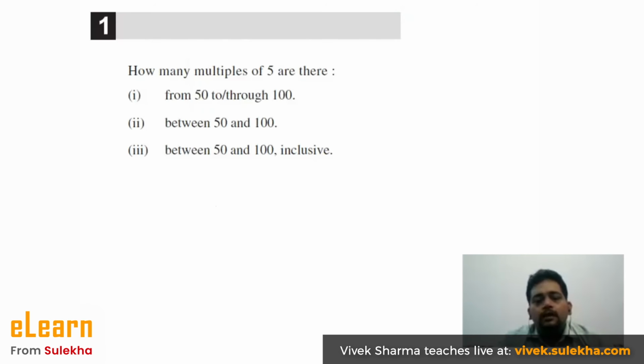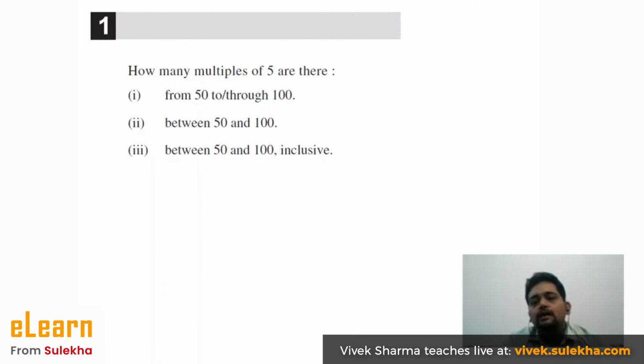So for example, look at this question. How many multiples of 5 are there from 50 through 100, or from 50 to 100? This is including 50 and 100. In the second part, between 50 and 100, that is excluding 50 and 100.